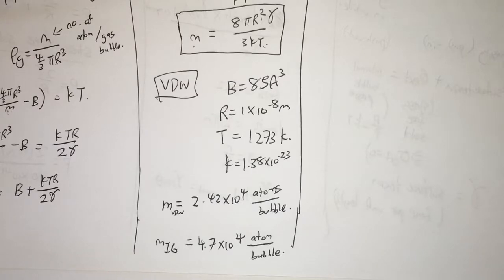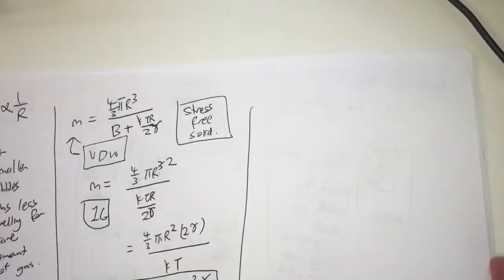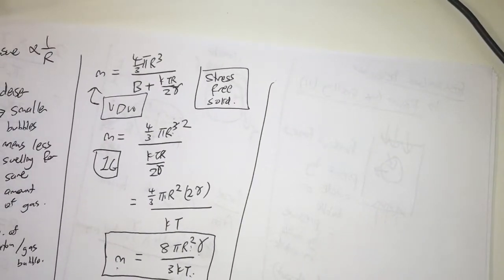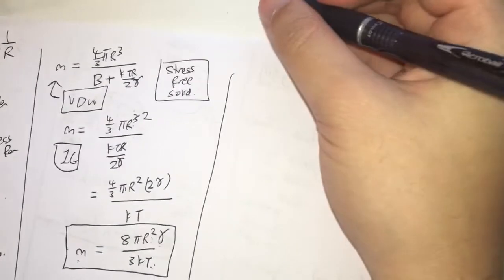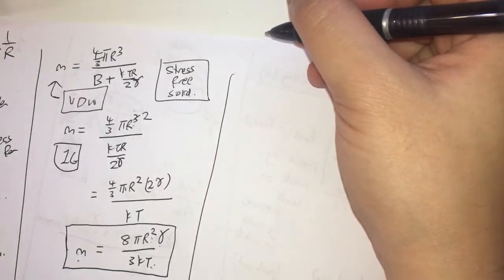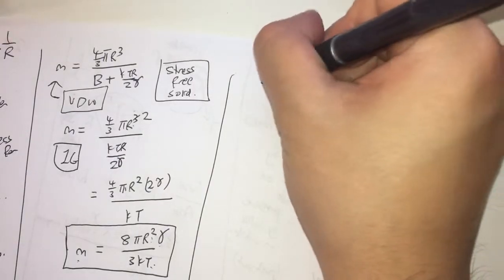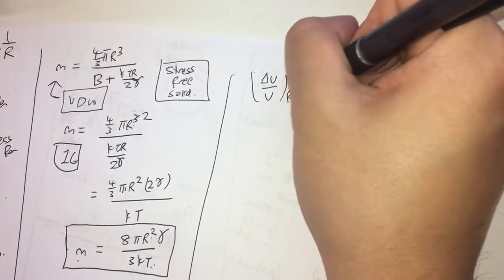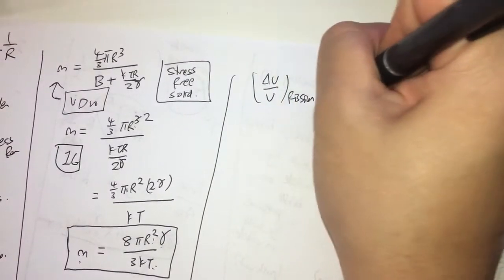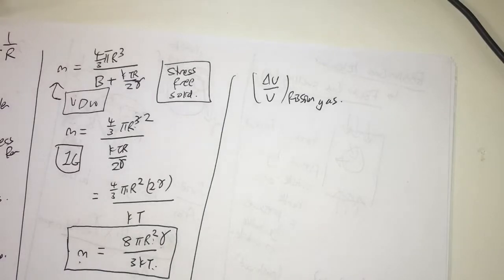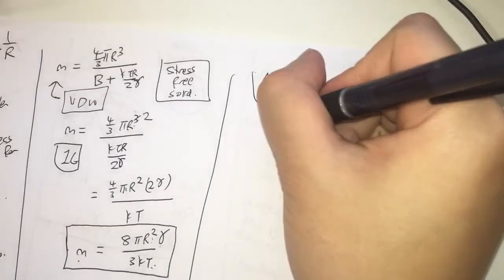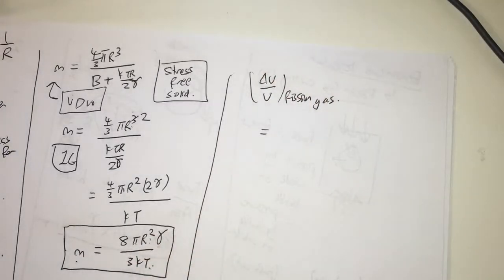Now, after all that, how do you find the swelling? So again, we have to find the delta V over V of the fission gas. How would that be equal to?